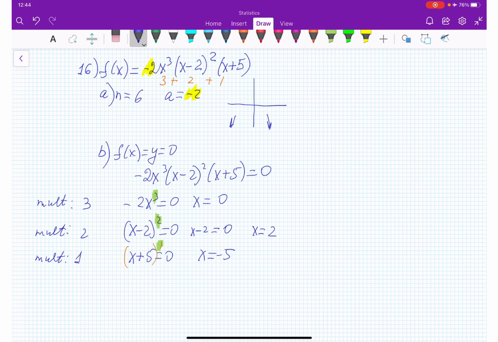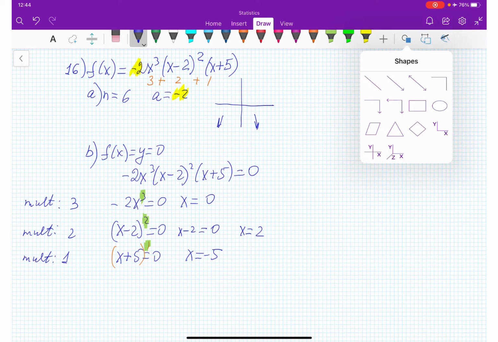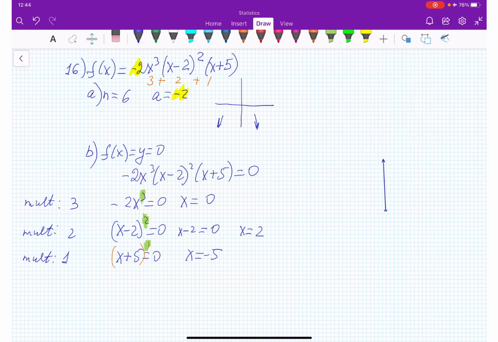We have three x-intercepts with their multiplicities. We have two odd ones and one even one. So end behavior is going down, both of them.